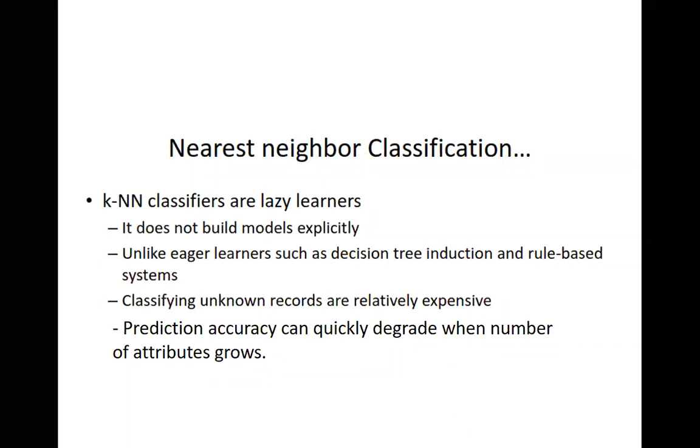It is a lazy learner, unlike decision tree and all. Again, you have not learned those algorithms, so I am not going to compare it right now. In KNN, the problem is it will store all the examples in the memory. Classifying unknown records is relatively expensive because there is no particular model which you can use to classify the new data.